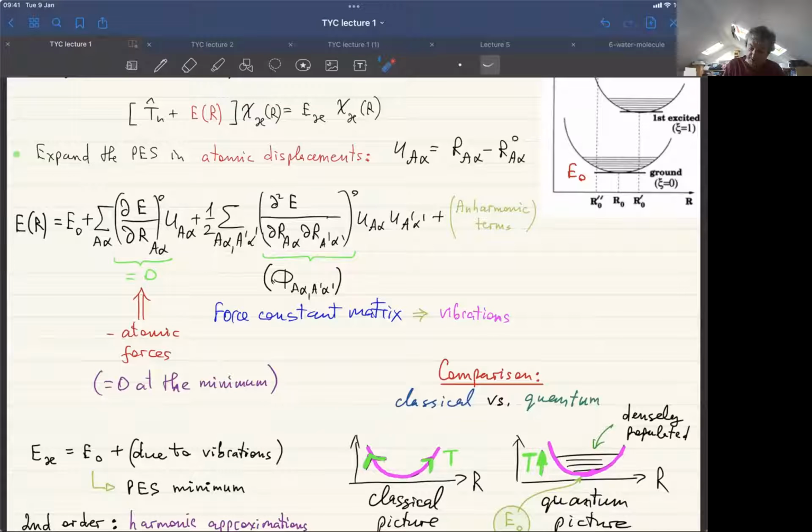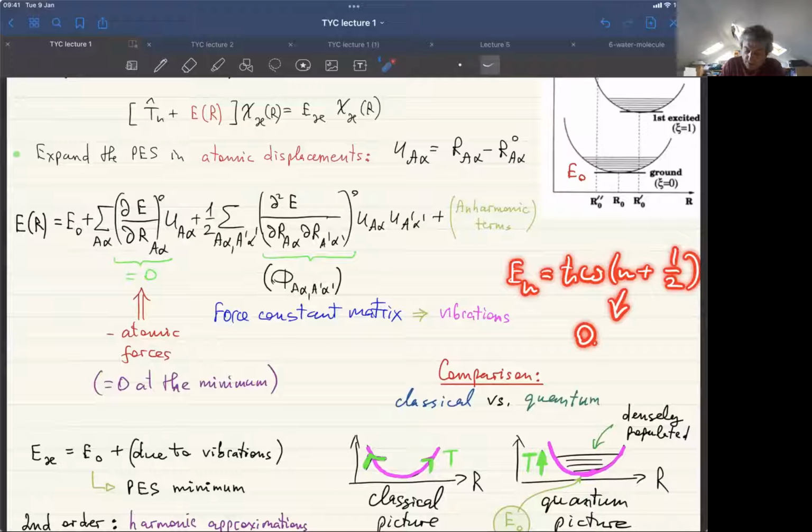In a single harmonic oscillator, I have energies E_n, which are ħω(n + 1/2), with n = 0, 1, 2, all integers. So we see that for a single harmonic oscillator, excitation energies for the vibrations are equidistant with the energy ħω, where ω is the vibrational frequency.